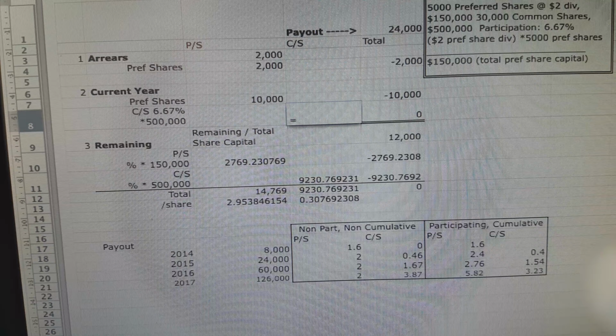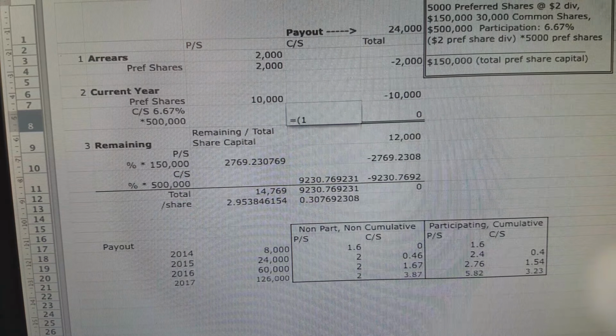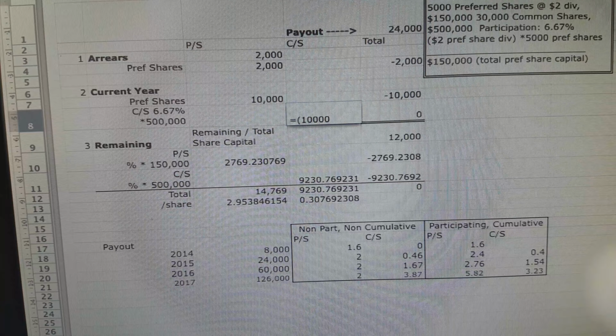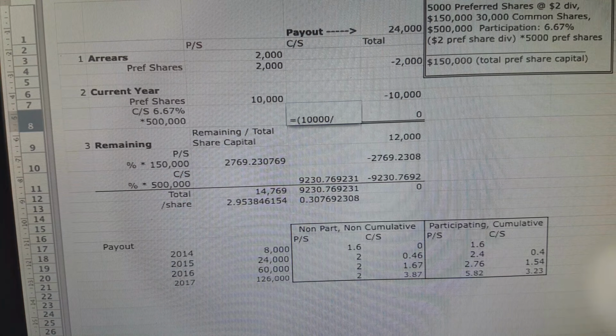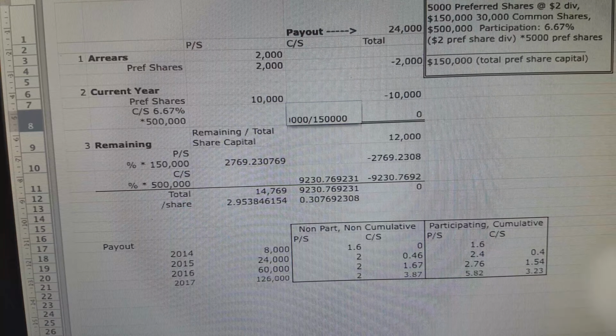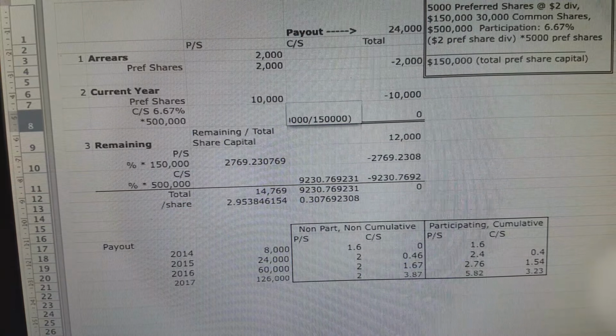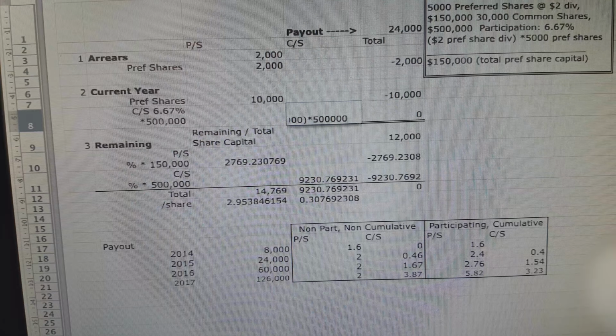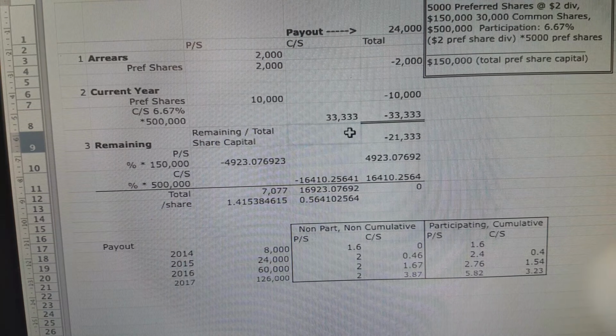That would be $10,000, which is our preferred shares rate, over the preferred shares capital, which is that other word I was looking for, times the common share capital. So there we go.